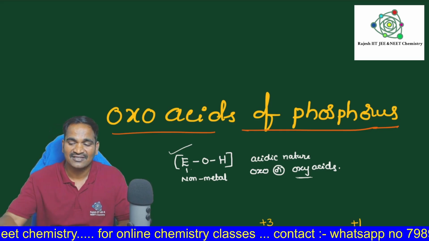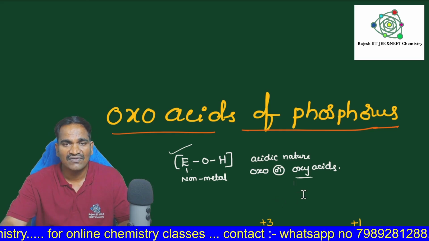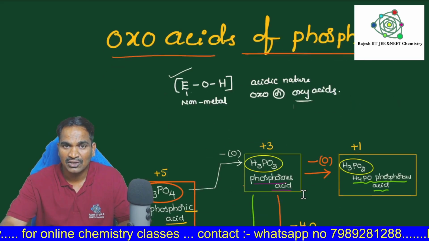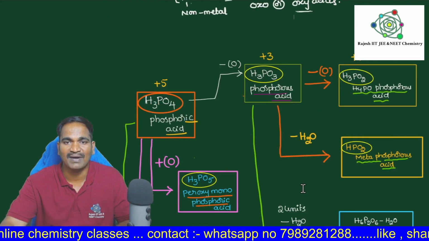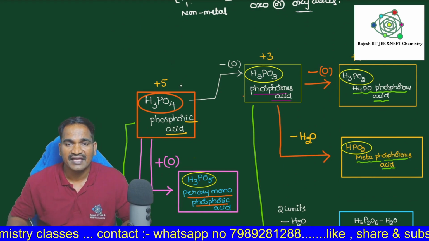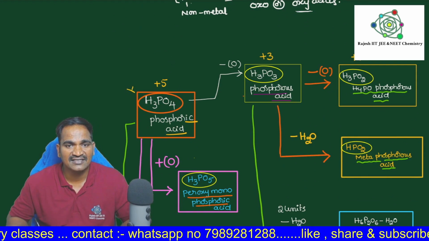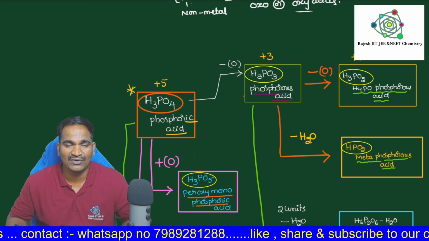Now if you want to study oxoacids of phosphorus, first you have to select one parent oxoacid of phosphorus. So here you see, all of you focus. Here we have selected H3PO4.